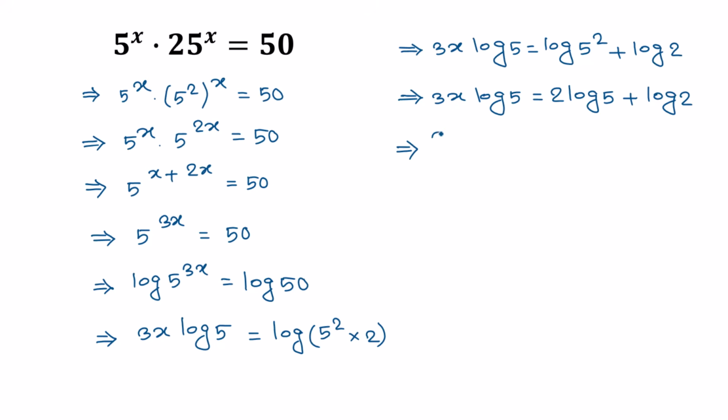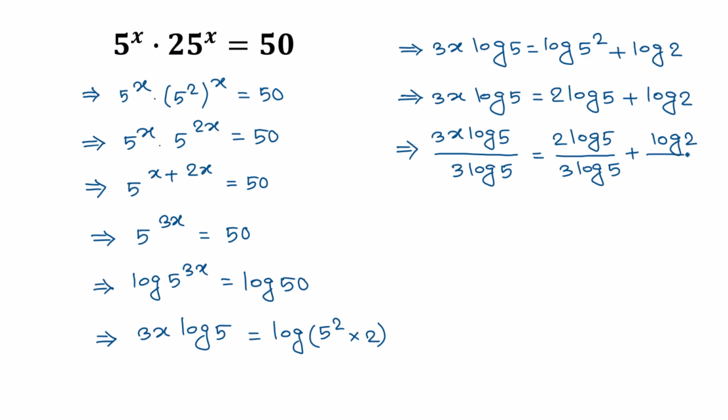Now divide both sides by 3 times log of 5, and we will get the value of x. So on the left side, this will be 3x log of 5 divided by 3 times log of 5, is equal to 2 log of 5 divided by 3 times log of 5, plus log of 2 divided by 3 times log of 5.